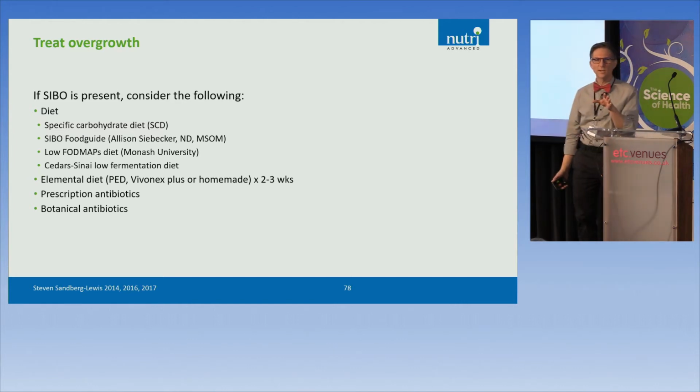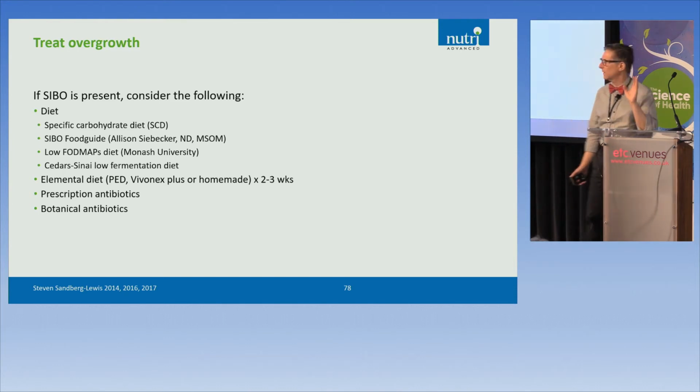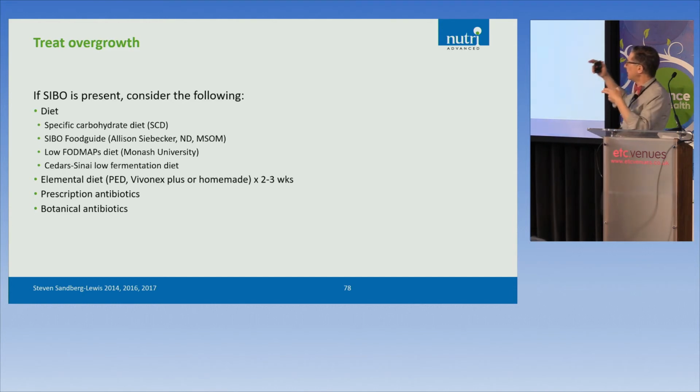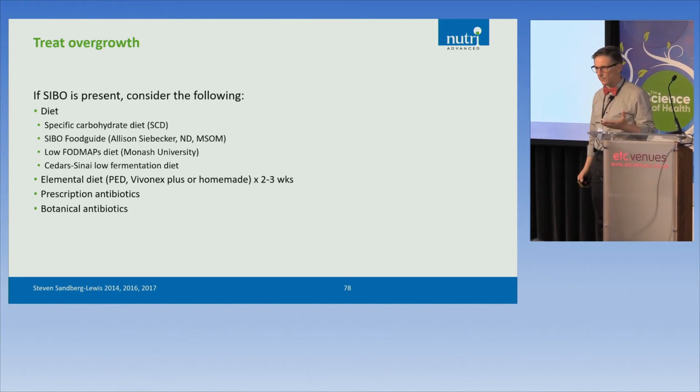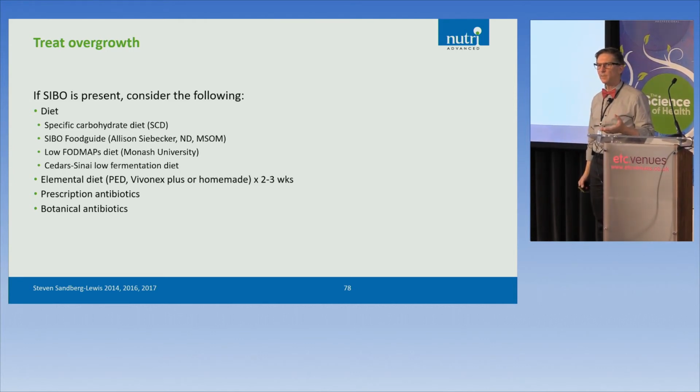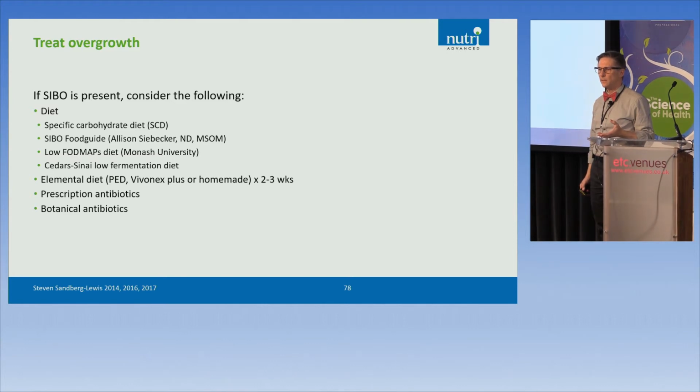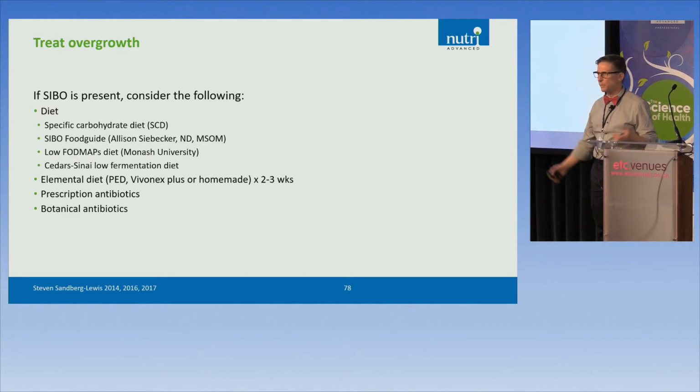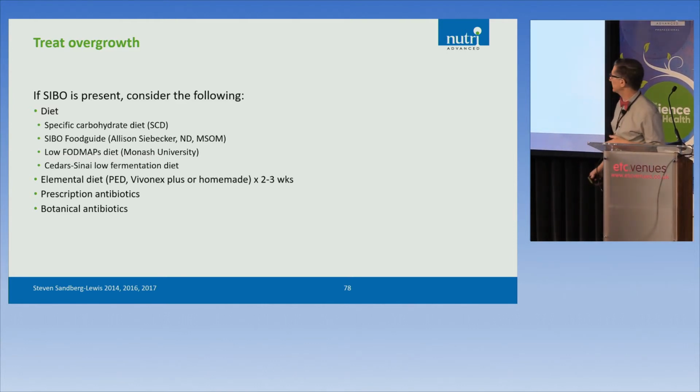Here's my general suggestion: never give a patient two different diets to follow at the same time. It makes them crazy. So Dr. Siebecker put the two together in one chart and one handout. And you can find that at her website, siboinfo.com. It's there for free for anybody to access.